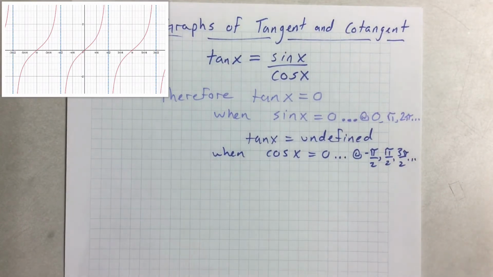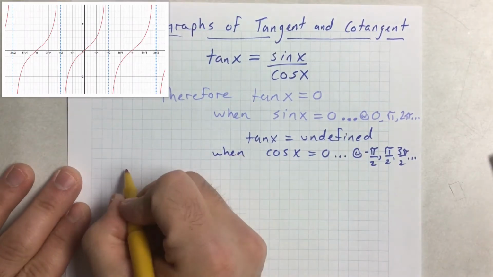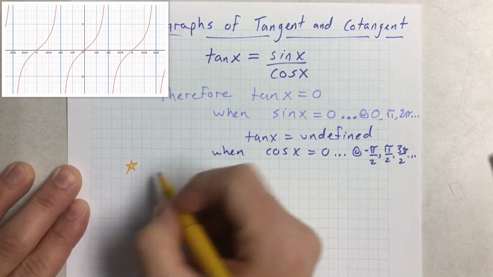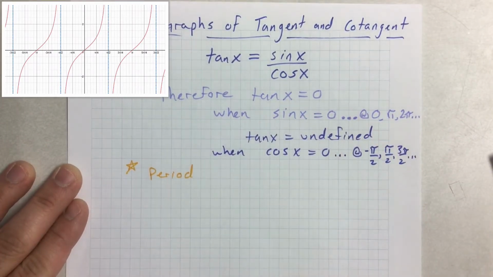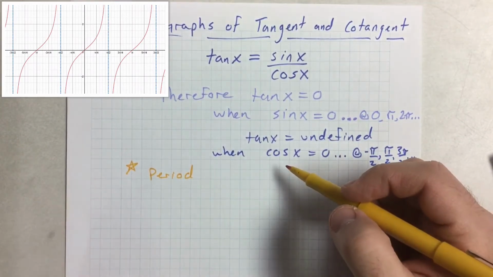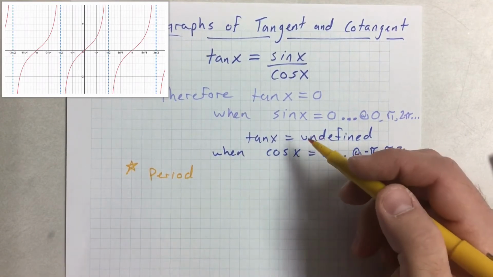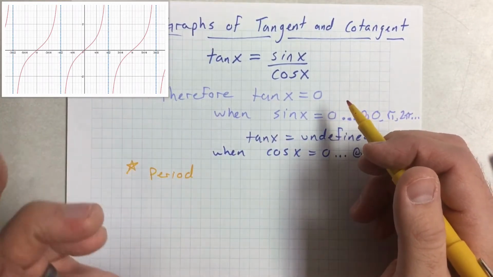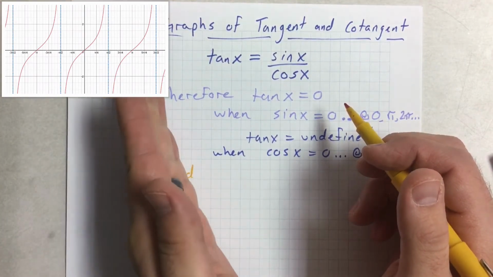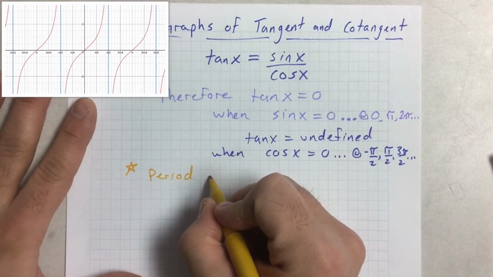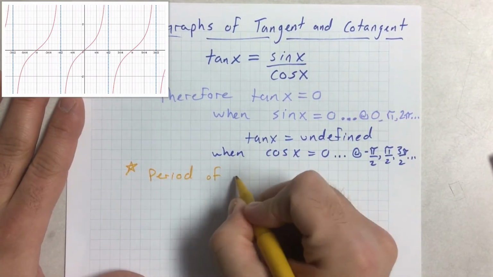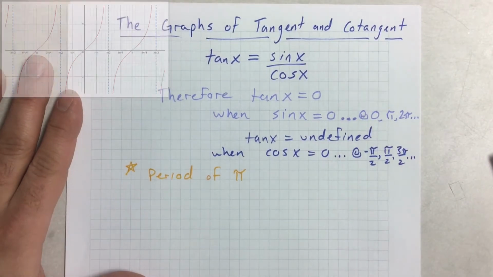So if you look carefully at the video, a couple of things that we can write down about tangent is the period of the tangent function. This goes with cotangent. Unlike sine and cosine and their reciprocals, where the period, the length for one cycle, is a distance of 2 pi, so we went from 0 initially to 2 pi, here the period for tangent is only a distance of pi.